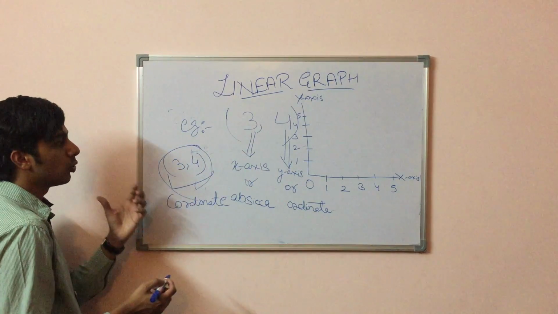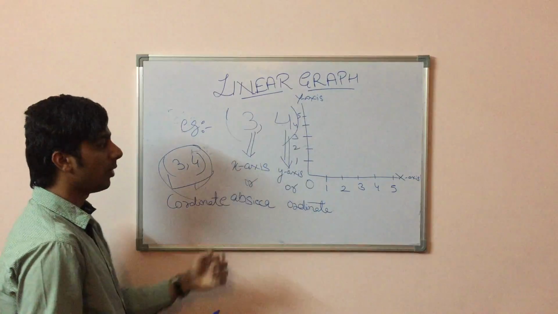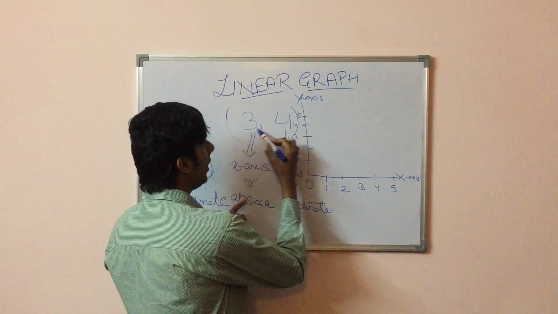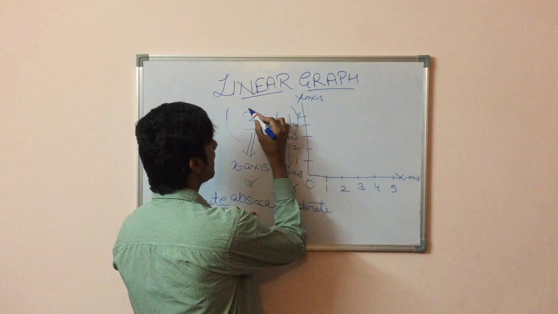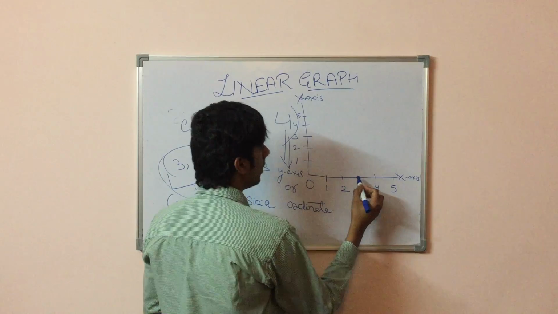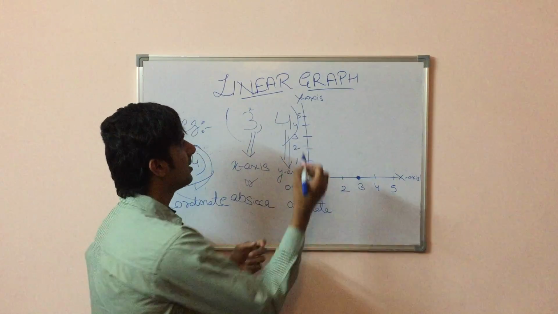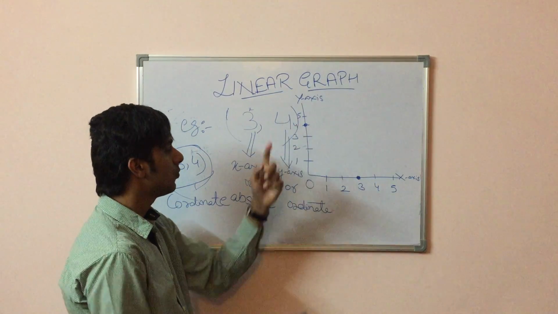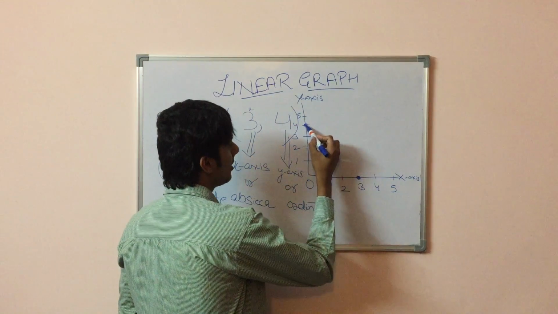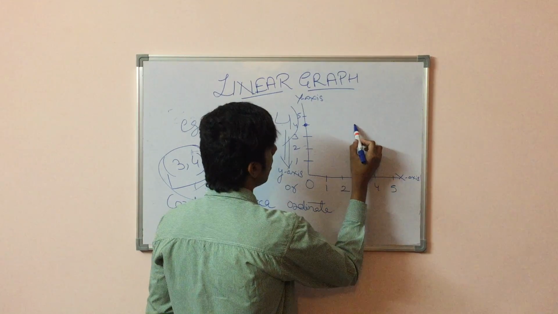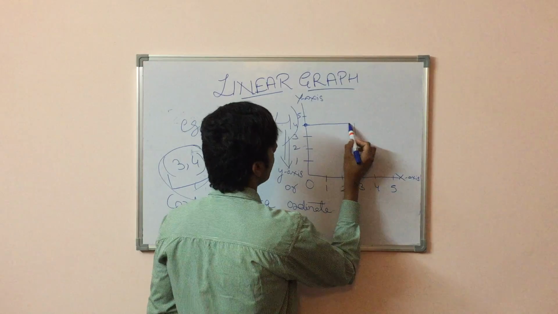So now how do you represent (3, 4) on a number line? (3, 4) means x is 3 and y is 4. We will just join these, x is 3 and y is 4.